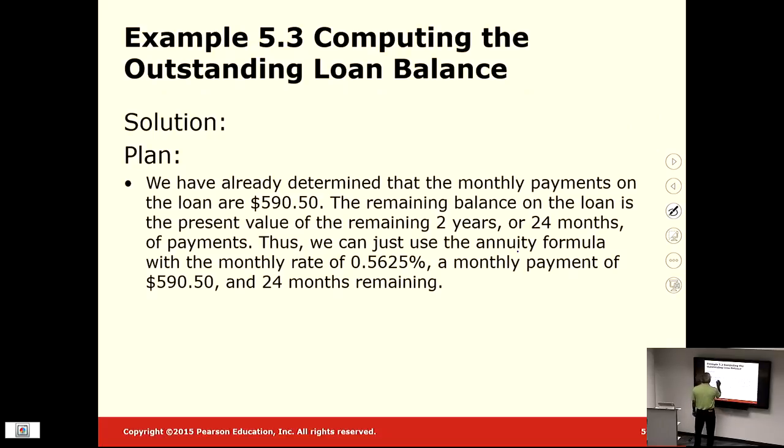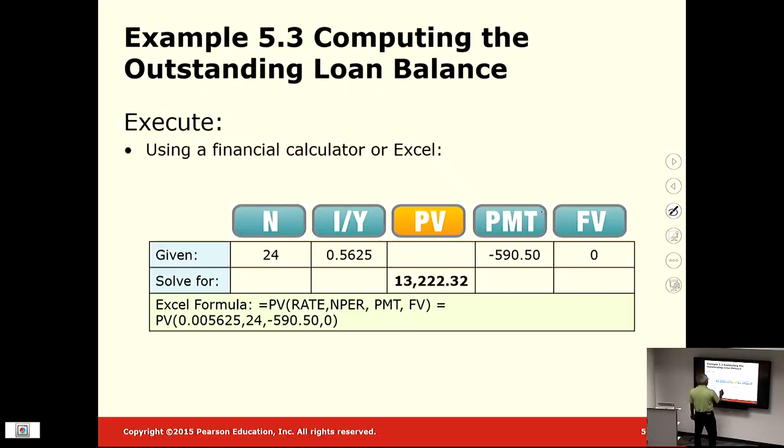The monthly payment we had calculated was $590.50. So you have 2 years left, or 24 months left. One way to find out the remaining balance is to use $590.50 as your payment. Again, 0.5625 is IY. The key part is that there are now 24 months left in the loan. So what am I computing right now? I'm computing present value. This tells me how much I have left.